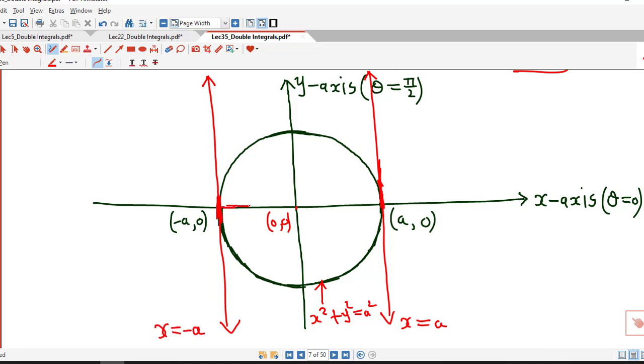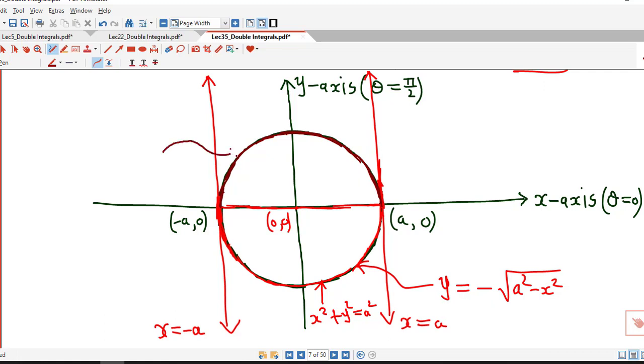Now as we know, below the x-axis the value of y is negative. So if we consider our point on the lower part of the circle, that is if we consider the lower semicircle, then at all these points y will be equal to negative of square root of a square minus x square, and at the points which are above the x-axis, the points which are on the upper semicircle, at all these points y will be positive.